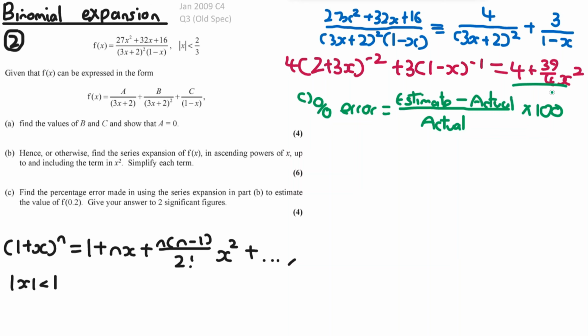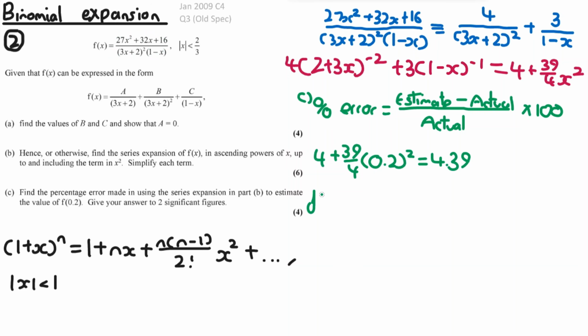So let's figure out the estimate. The estimate is what happens when you sub in x is equal to 0.2 into here. So it's going to be 4 + 39/4 of 0.2 squared, and if you put this into a calculator, it's equal to 4.39. So this is the estimate, and then the actual is what happens when you sub x is equal to 0.2 into this here.